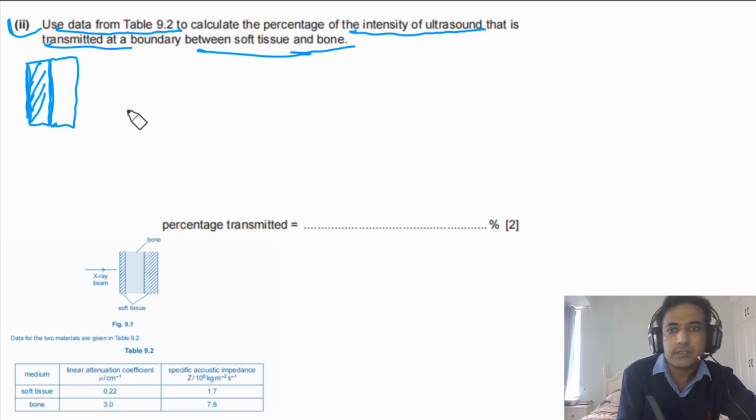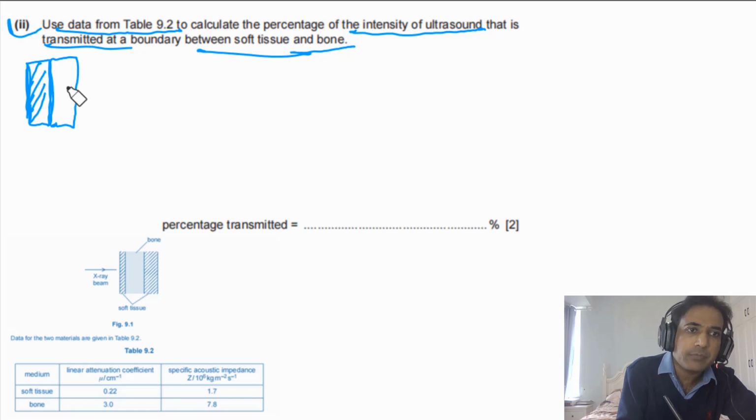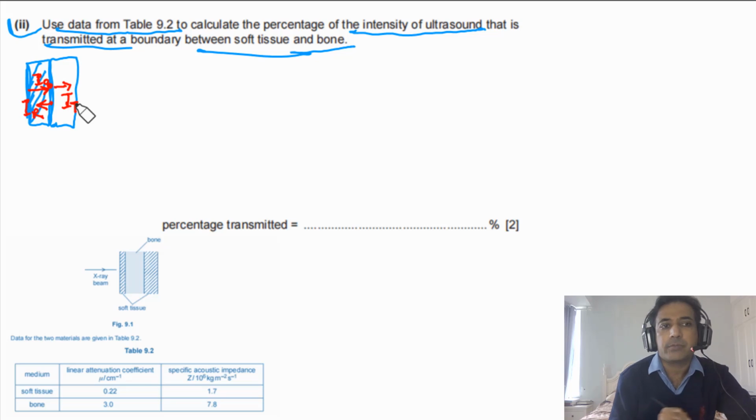We can take any boundary, and we assume at this point the intensity is I naught. From here IR will be reflected, and IT will be transmitted.